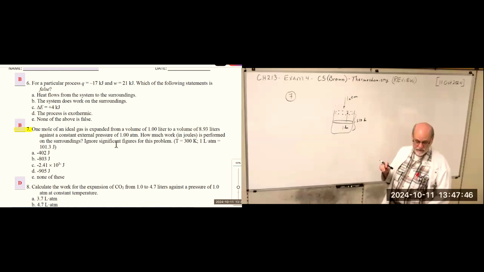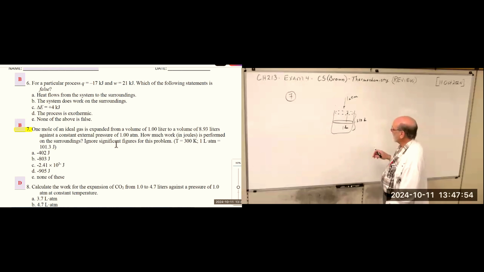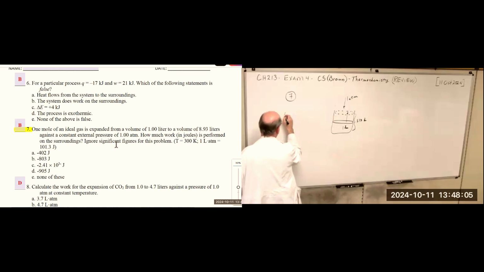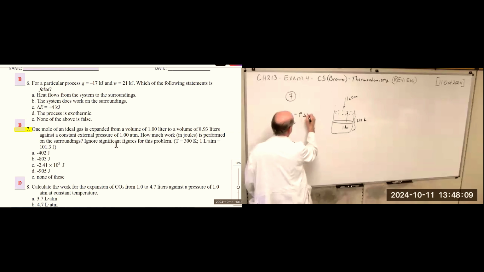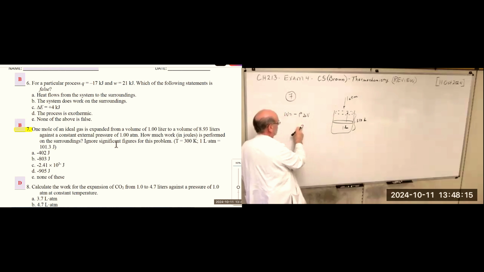Okay, so if we're going to calculate the amount of work that is performed on the surroundings, that makes sense because as the gas expands, it's doing work on its surroundings, right? So what's the formula for that? Work equals negative P delta V, right? P is constant at 1 atmosphere.